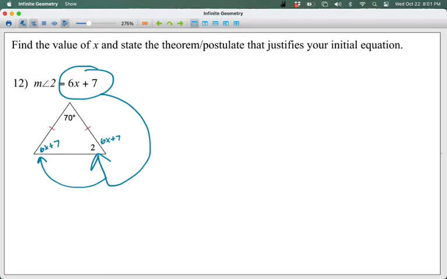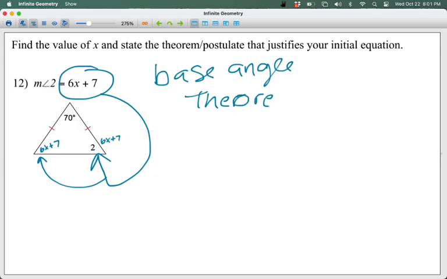So we're going to add all those up to 180. So this is the base angle theorem and the triangle sum theorem.